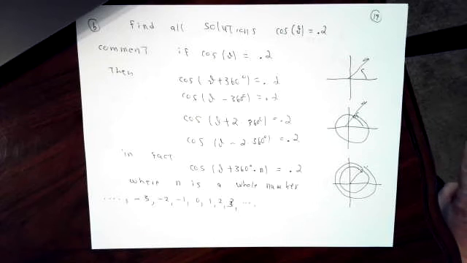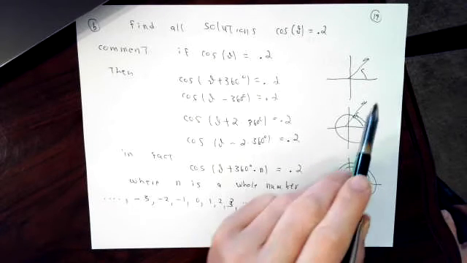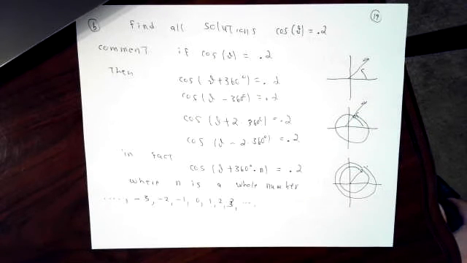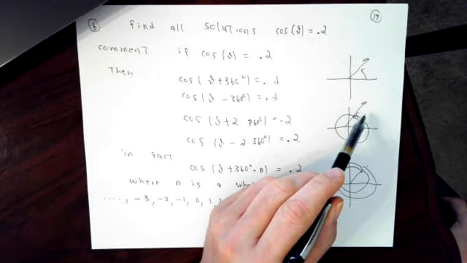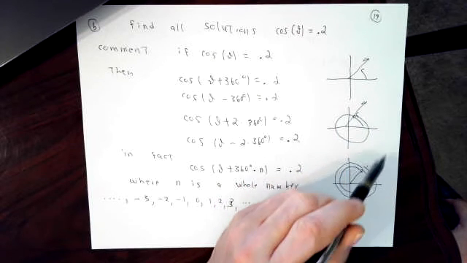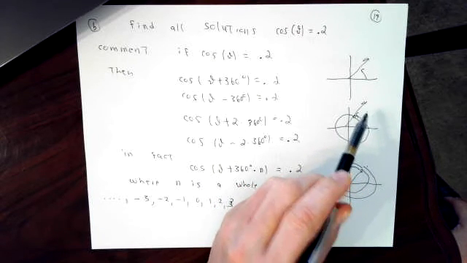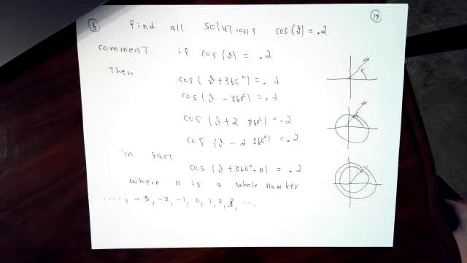Well, we have determined that there's two of these in the interval from 0 to 360 degrees. If you find one of them, you could imagine doing this. Construct that angle and then go completely around another 360 degrees, and it will put you back at where you were a moment ago, and cosine will still be 0.2.